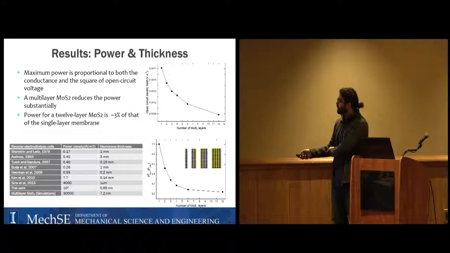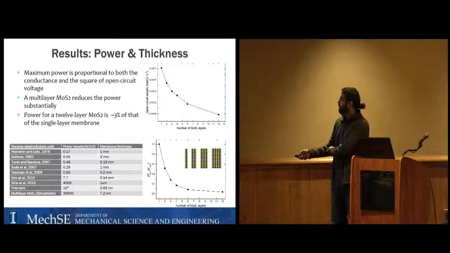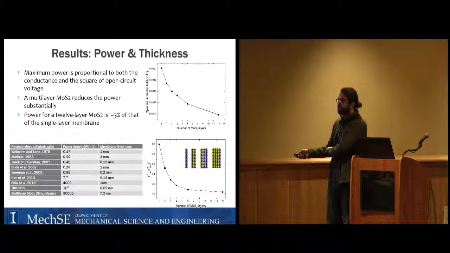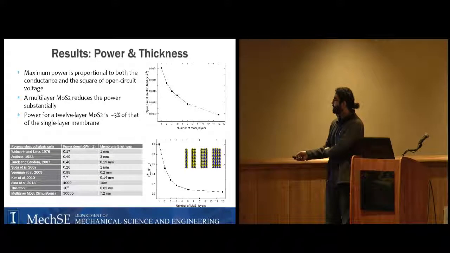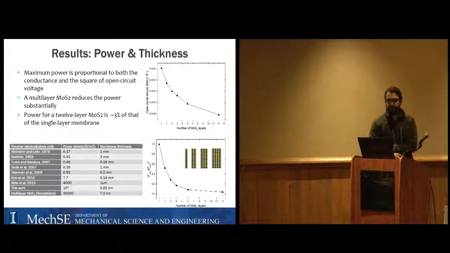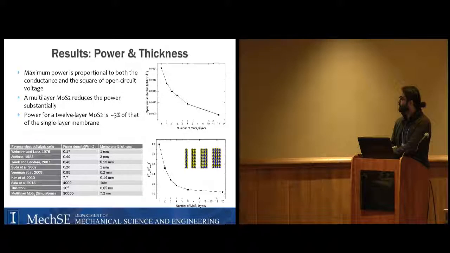That explains why we got 1 million watt per meter squared of power density using this single layer membrane.